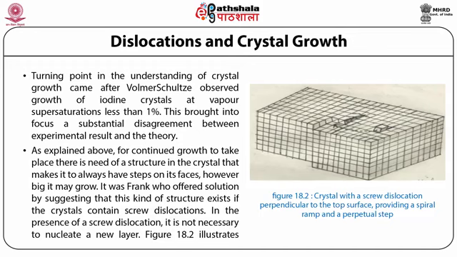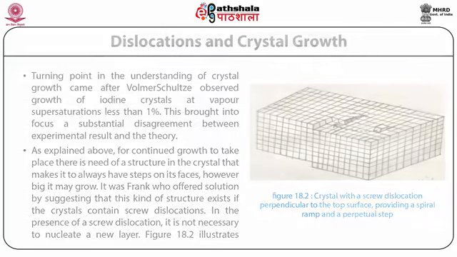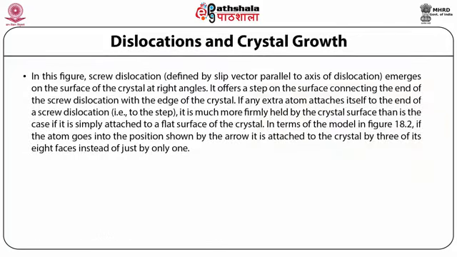In the presence of a screw dislocation, it is not necessary to nucleate a new layer. Figure 18.2 illustrates the explanation given by Frank in 1949. In this figure, a screw dislocation, defined by slip vector parallel to the axis of dislocation, emerges on the surface of the crystal at right angles.